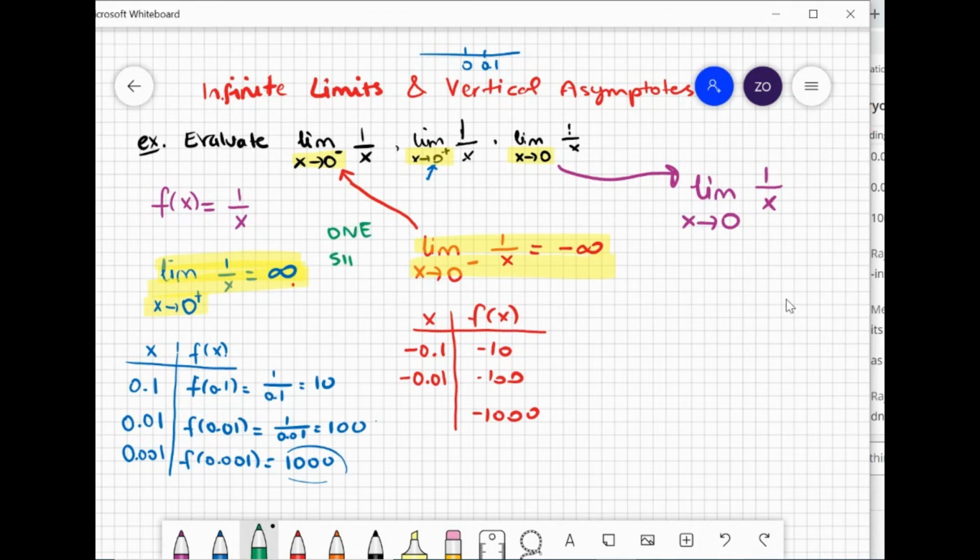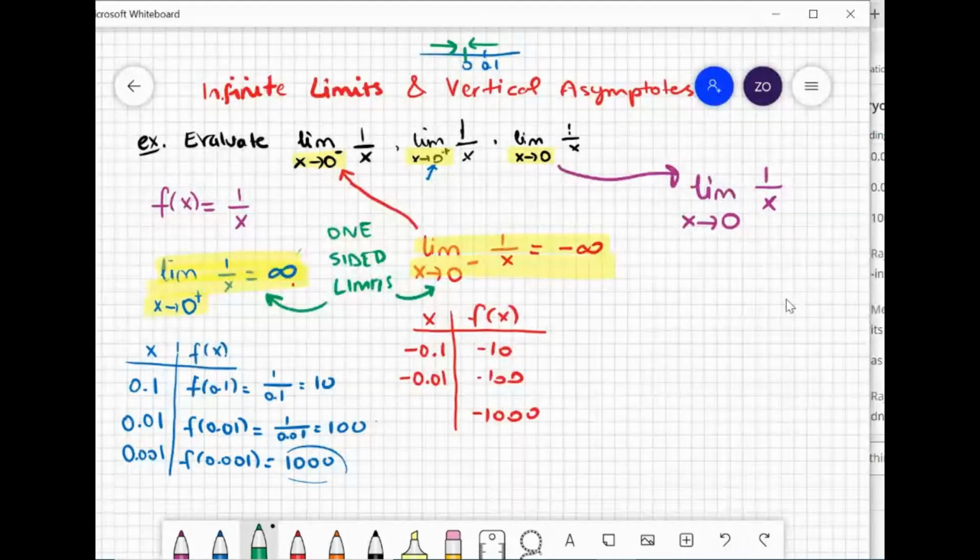Raja, that's correct. These are one-sided limits, which means we are approaching 0 either from the right or from the left. When we approach from the right, we found positive infinity. When we approach from the left, we found negative infinity.